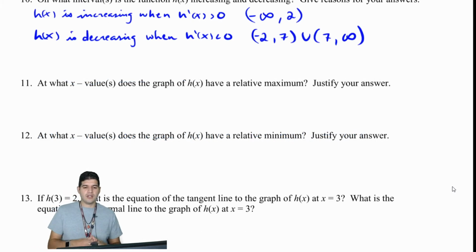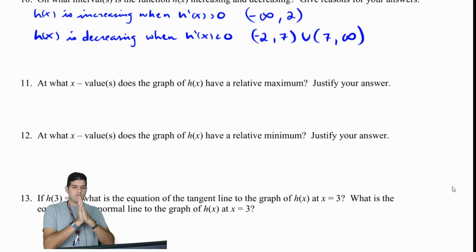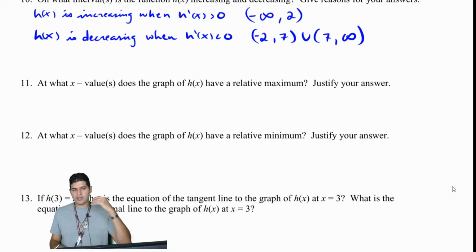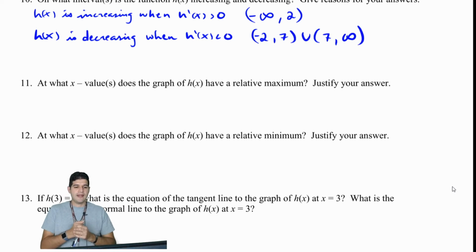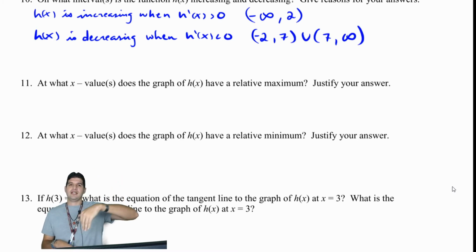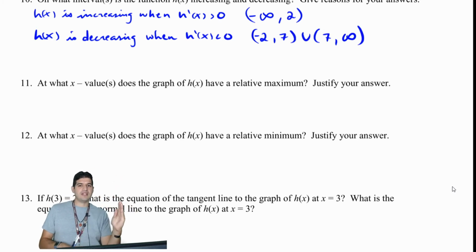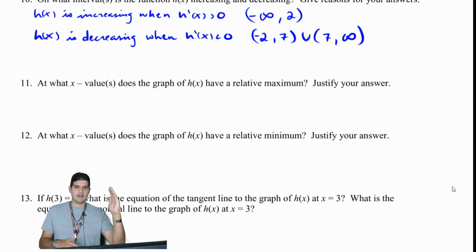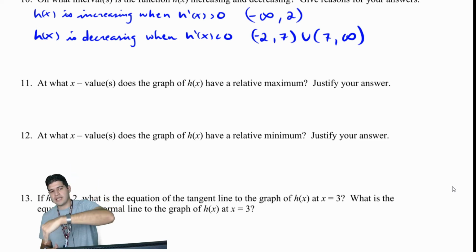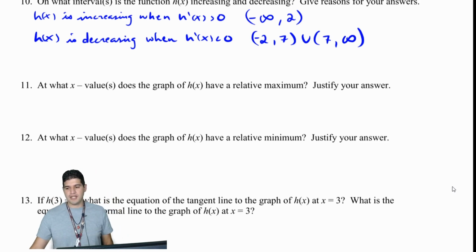So now you want to think, okay, at what x values does the graph of h of x have a relative maximum? Well, a relative maximum is when your function is going from increasing to decreasing. The way we get that when we're given the derivative is: increasing, positive; decreasing, negative. So when our derivative is changing from positive, hits 0, goes down to negative. Where is that happening in my graph?